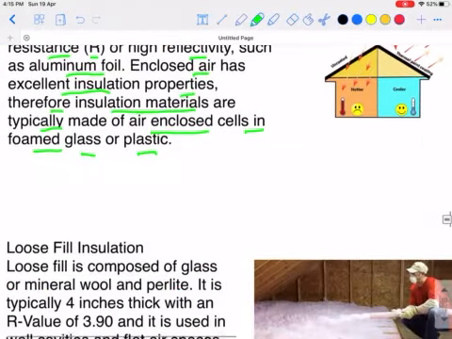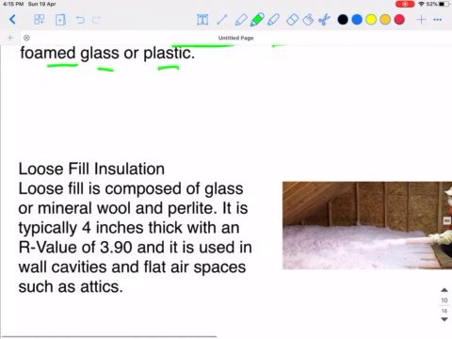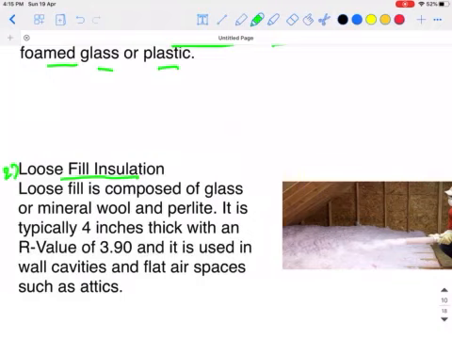Next method is loose fill insulation. Loose fill is composed of glass or mineral wool and perlite.